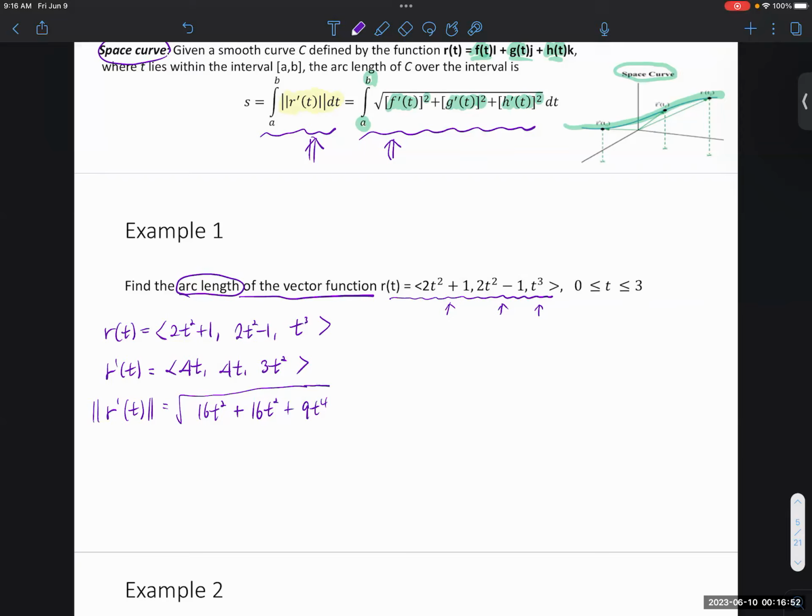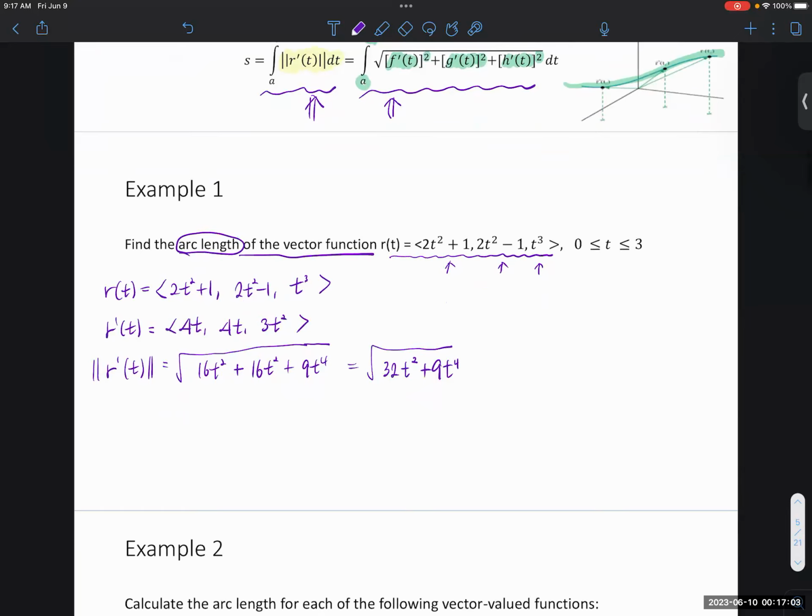That's how you find the magnitude. Combining like terms, 32t squared plus 9t to the 4. Then I can factor out the common factor, t squared, giving t squared times 32 plus 9t squared. And the square root of t squared is simply t, because you can separate it.